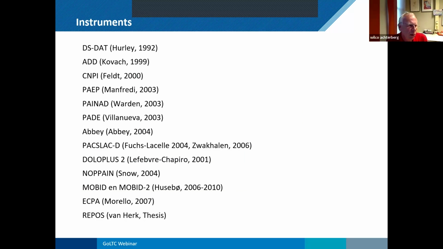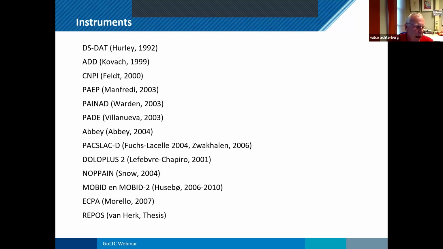But the thing was that although these scales have been developed based on knowledge and experience, the further validation and development was limited. So there's limited validation.